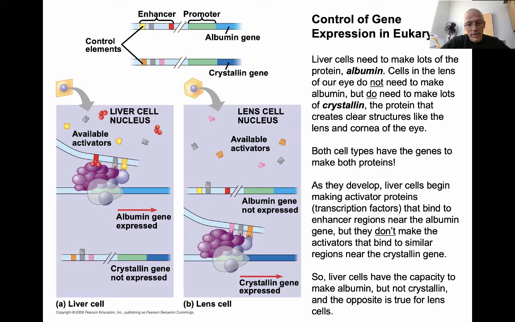And so RNA polymerase comes along and chugs through the DNA, transcribing the messenger RNA, and the lens cell makes crystallin. And likewise, to the liver cell, those proteins that the lens cell does not need to make are going to be controlled by transcription factors that bind to control regions and deactivate that gene, that repress the transcription of that gene.